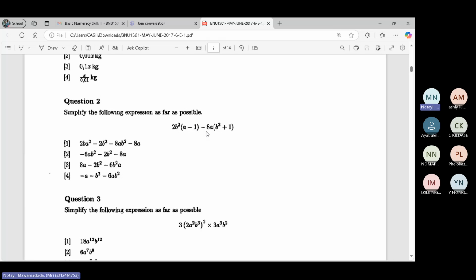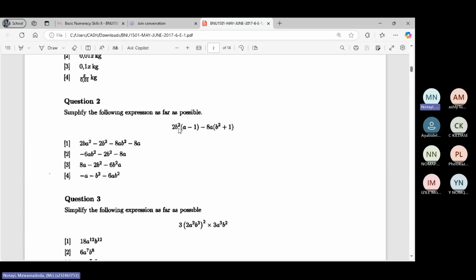And then the second bracket is negative 8ab squared, minus 8a. So the 8a is negative. I see that in the third one, 8a is positive, so it's out. So we should have a negative 8a. So the third one is out.